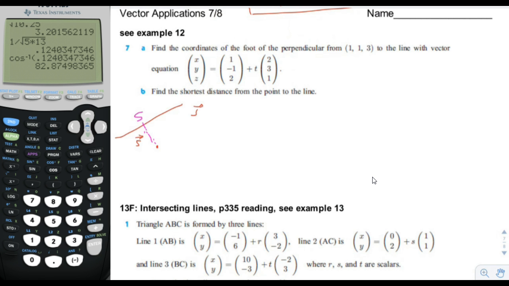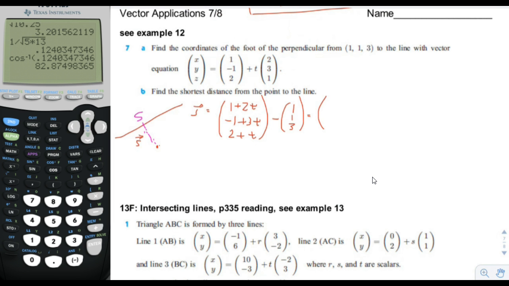Small s is equal to this point, which we don't know exactly where it is, but we know that it's on the line, so we'll use the equation for the line: 1 plus 2t, negative 1 plus 3t, and 2 plus t. That's the point S. Then we subtract the coordinates of our red point, which is 1, 1, 3. That will give us a big mess.